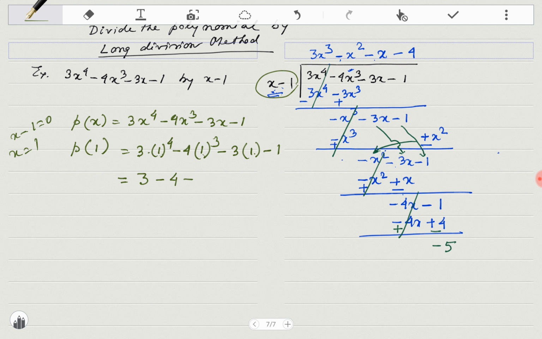Minus 3, and this is minus 1. So the total plus term is 3 and the minus term is minus 8. So 3 minus 8 gives you minus 5, which is the remainder.